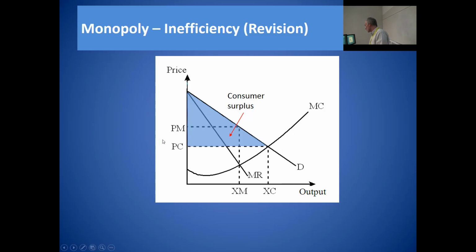And on our diagram here, that area bounded between the demand curve and the price line, that is the consumer surplus. That's the net benefit that consumers get from paying a lower price for something they value more highly. That represents the benefit that consumers get from paying a price of PC for something they would have been prepared to pay more for. So that's consumer surplus.